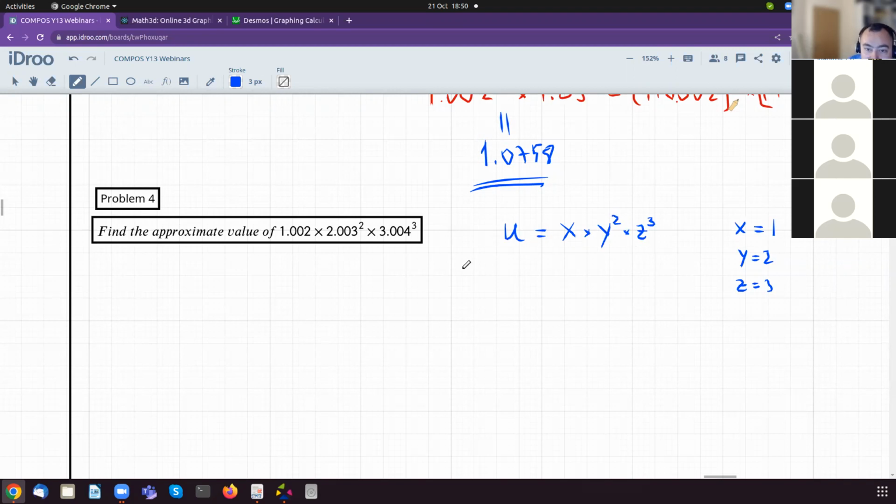So we find u of 1, 2, and 3, which is equal to 1 times 2 squared times 3 cubed, which is 1 times 4, 4 times 27, it's 108.